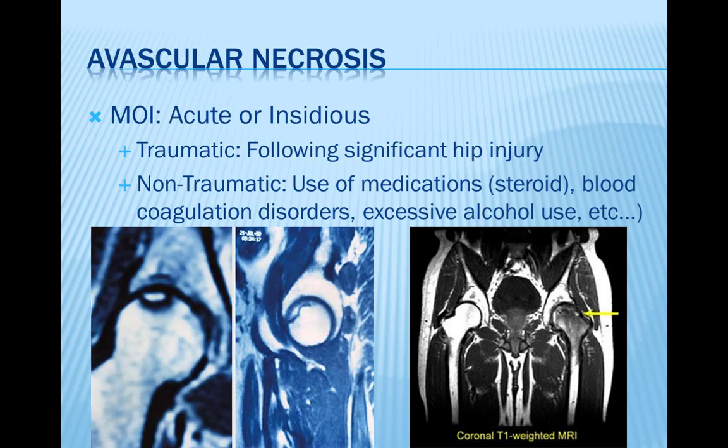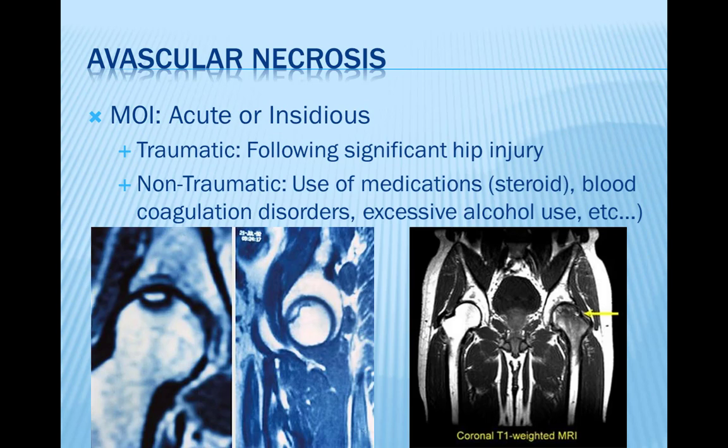Femoral head ischemia results in the death of the marrow and osteocytes and usually results in the collapse of the necrotic segment. Avascular necrosis can either occur after a traumatic event or a non-traumatic event.